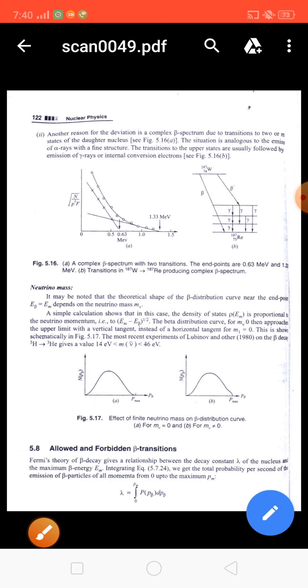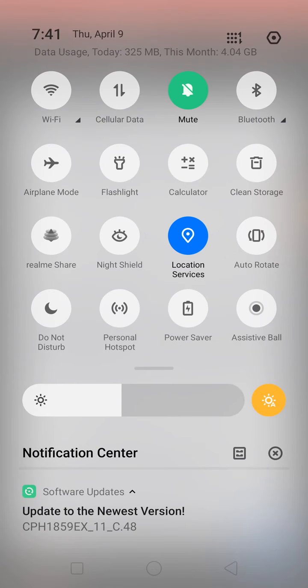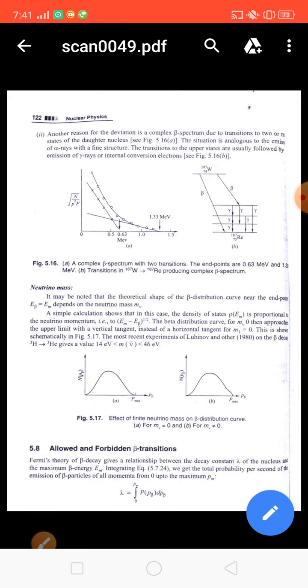Now let us start with allowed and forbidden beta transitions. Please note down the equations while I am explaining. Fermi's theory of beta decay gives a relationship between the decay constant of the nucleus and the maximum beta energy.